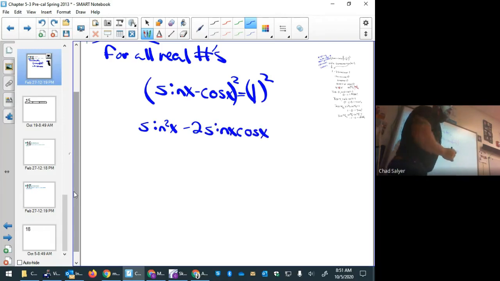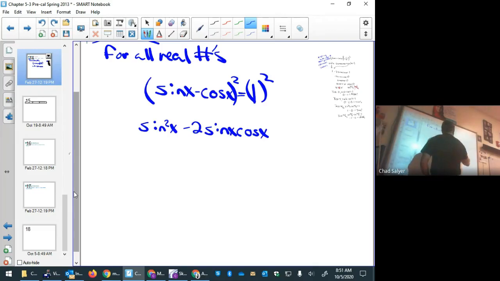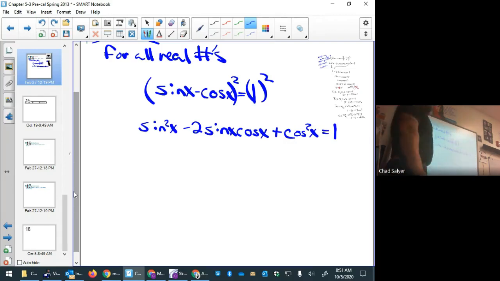With me so far? Plus b squared. And then 1 squared is 1. Although we do need to be conscious of something, because when we square both sides, we introduce the potential for an extraneous solution. So we're going to have to watch that at the end. Plug in our answers, in other words, and see if they work.